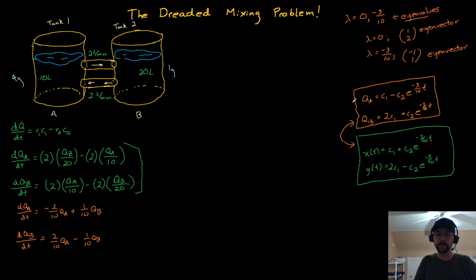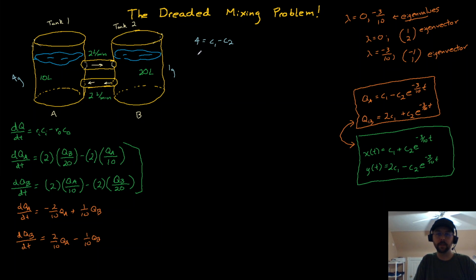So if we take this first set of equations here, Q of A. If this is a starting condition, this is at time 0. So at t equals 0, QA, which is the quantity in A, is 4 grams. So we're going to have 4 equals C1 minus C2 times e to the negative 3 over 10 times 0, because we're at 0t.